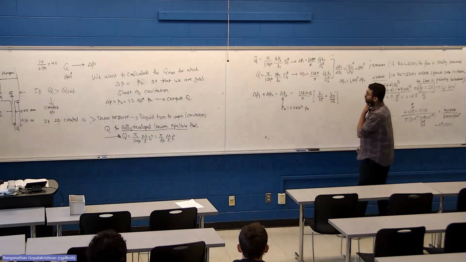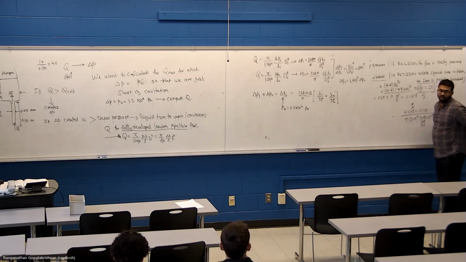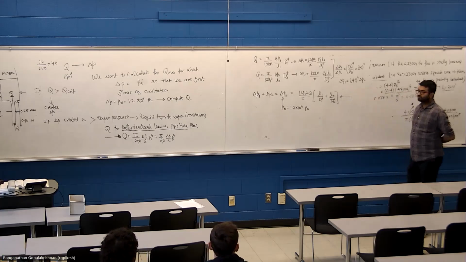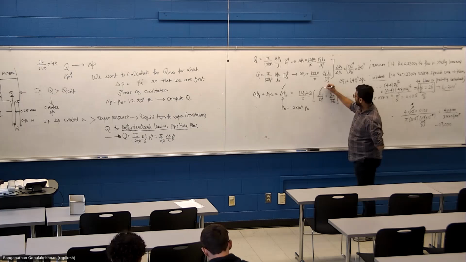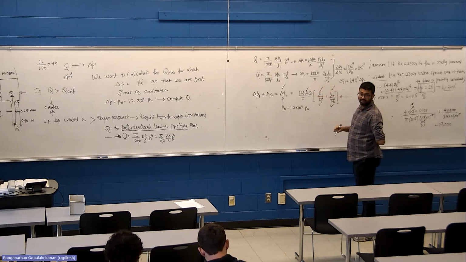So now in this equation, which are the quantities we know and which are the quantities we don't know? Everything except Q we know. We know L1, L2, we know D1, D2, we know the fluid, so we know viscosity.